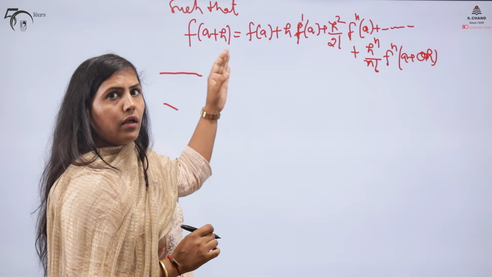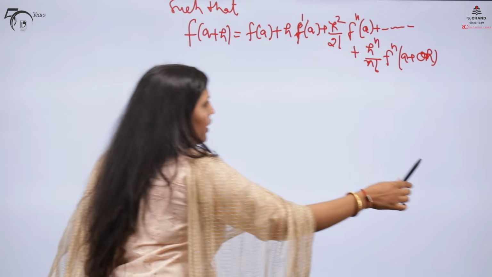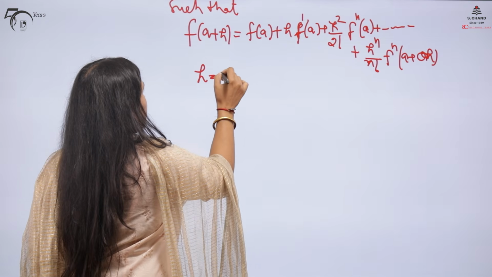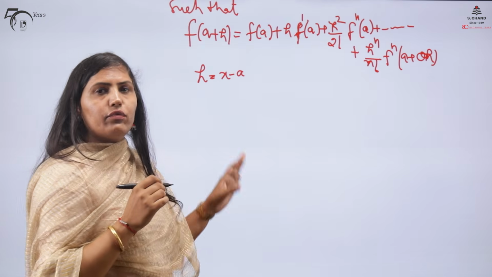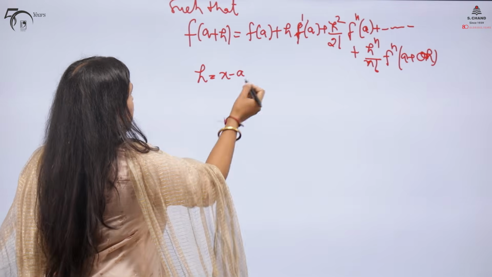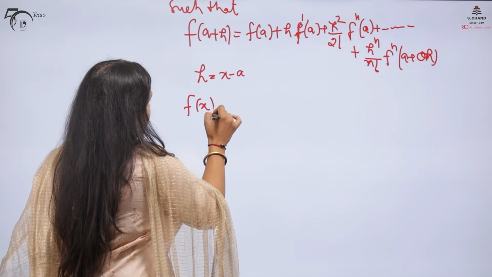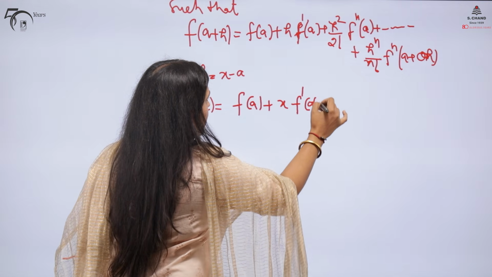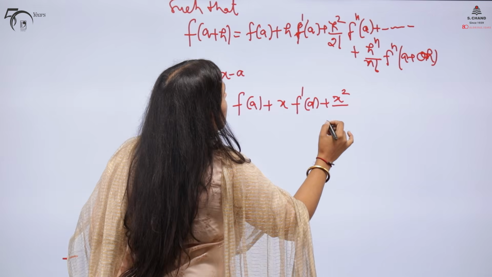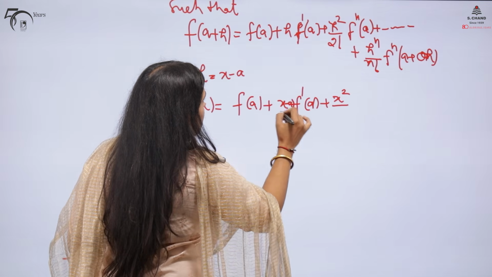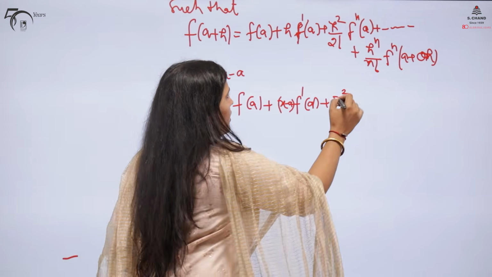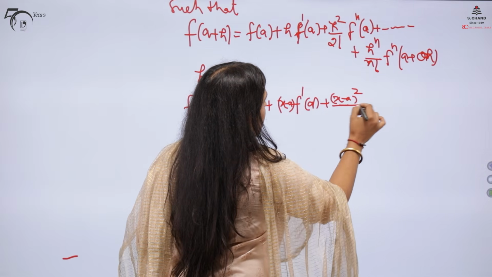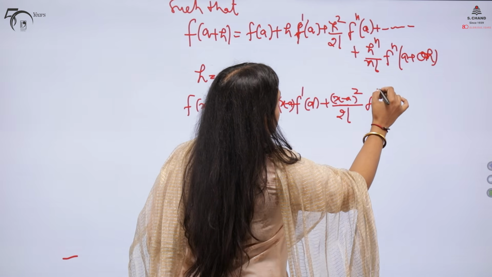This is the standard form, but I am writing the most standard form. What exactly is that form? Put h equal to x minus a. It is just reframing the equation, nothing else. So what exactly will you get? f(x) equals f(a) plus (x minus a) f dash a plus (x minus a) whole square upon 2 factorial f double dash a.